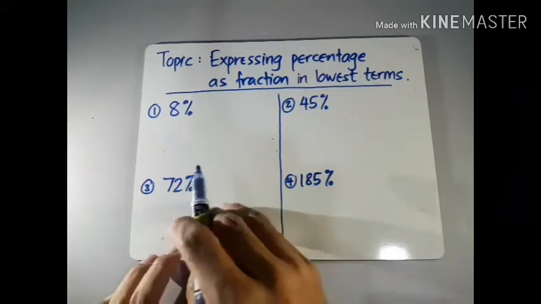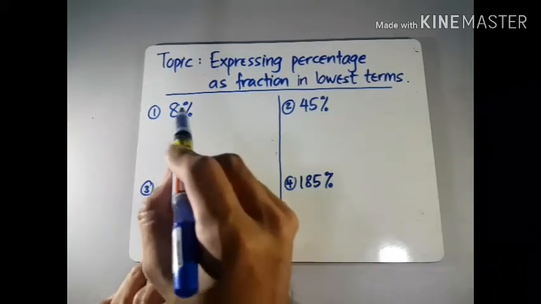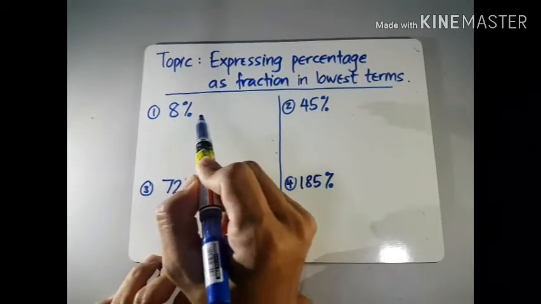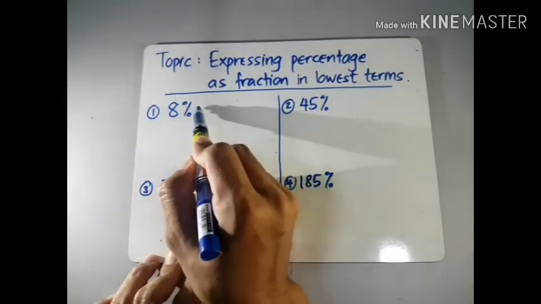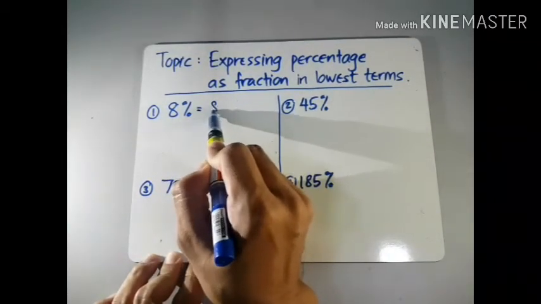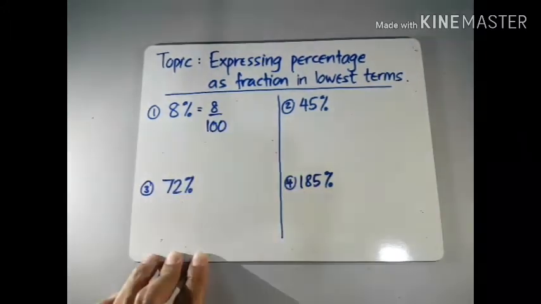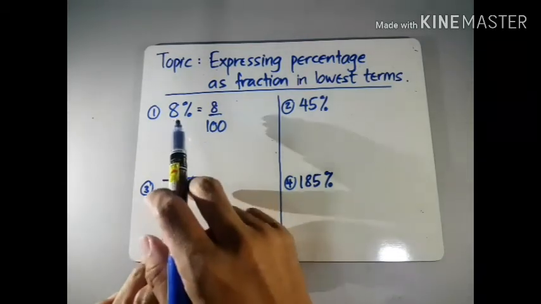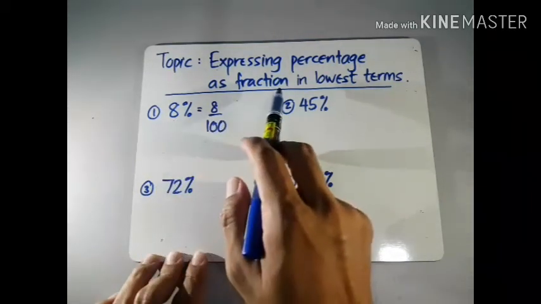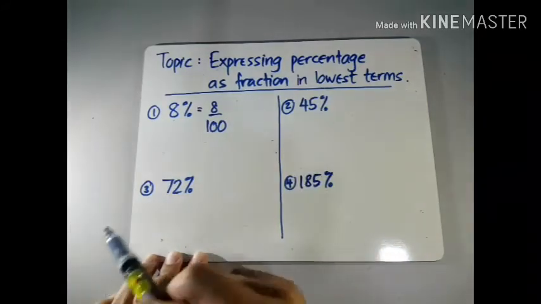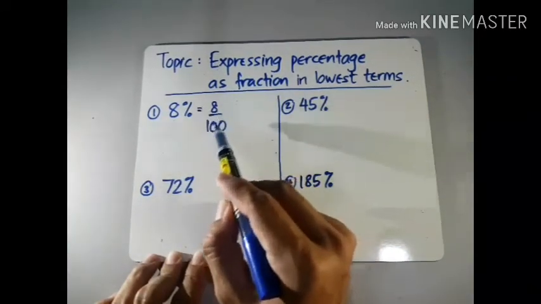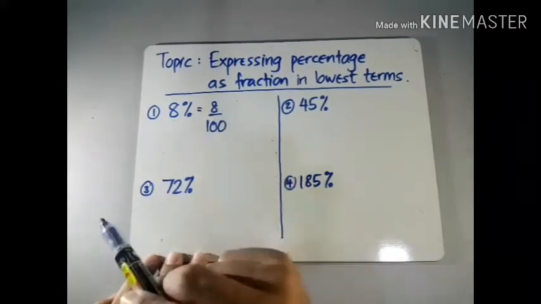So let's do the first question here. So 8%, if you want to make it into fraction, it becomes 8 out of 100. Okay, so, but then we're not done yet because you have just expressed the percentage as fraction, but we need it in lowest term. Lowest term means we need to make it as simple as possible or as small as possible.